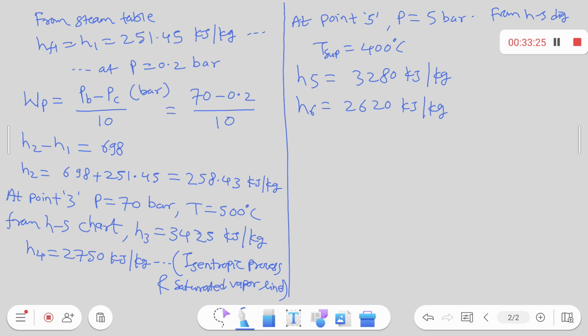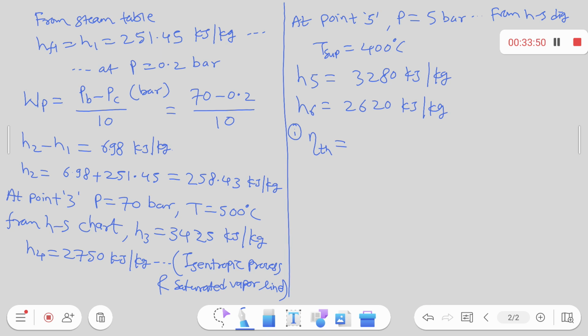Now what do we need to calculate? We know pump work, right? Pump work is how much? 6.98 kilojoule per kg. Okay. So first, thermal efficiency. How to calculate thermal efficiency?